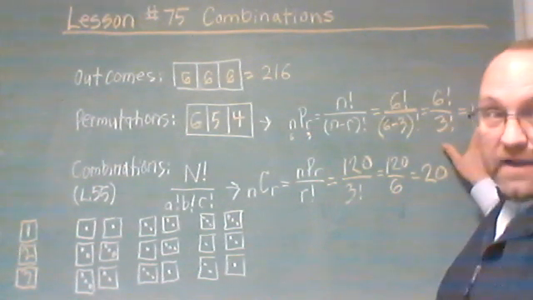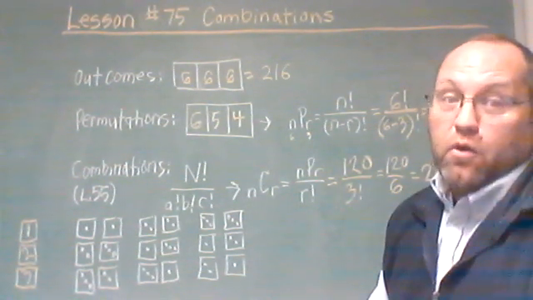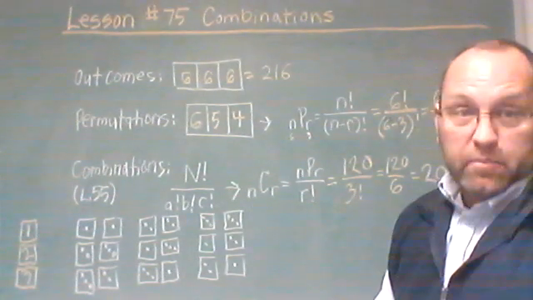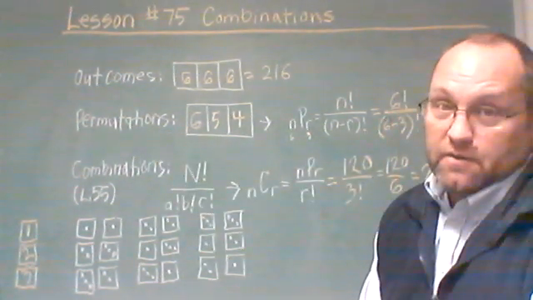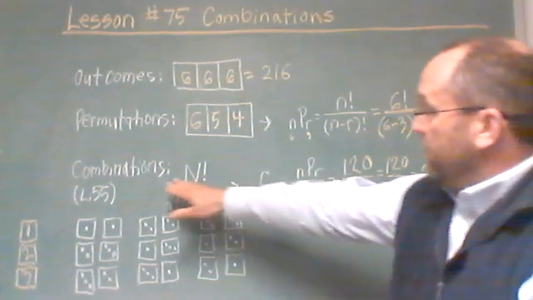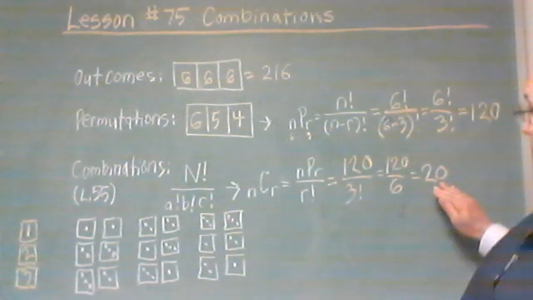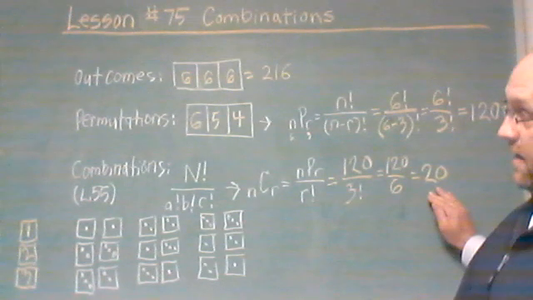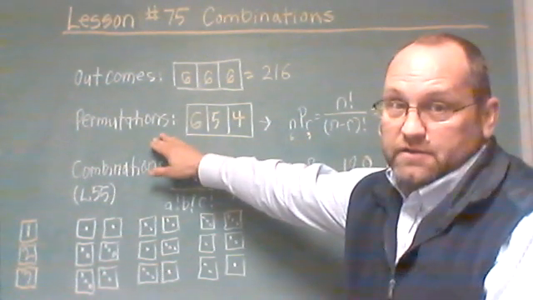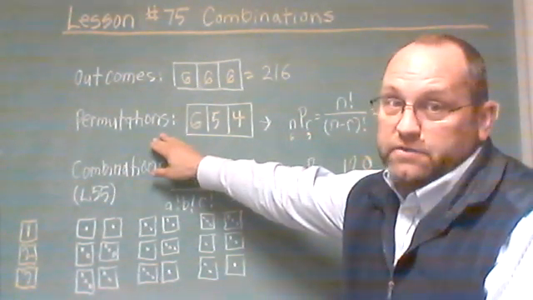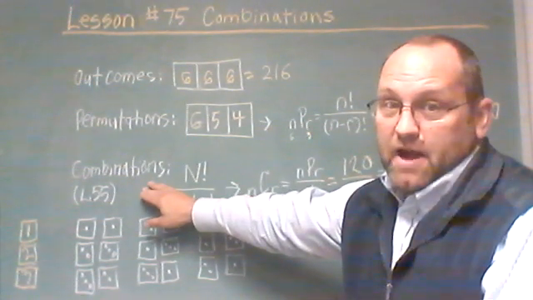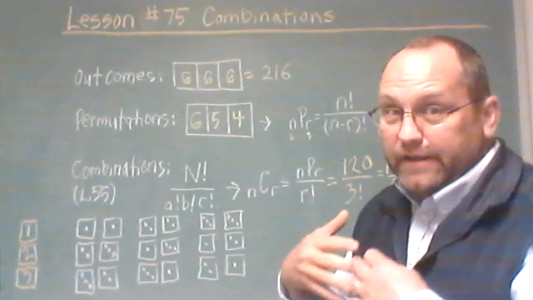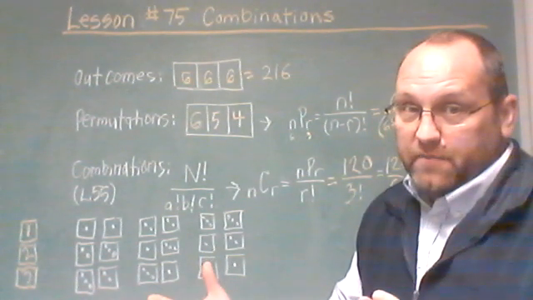What does that not count? That does not count if I roll a triple or any doubles, okay? Because in permutations, I cannot have repetition, okay? And then what are combinations? My combinations are 20. Okay, in those permutations, which do not include doubles or triples, okay, how many combinations are actually distinguishable from another?